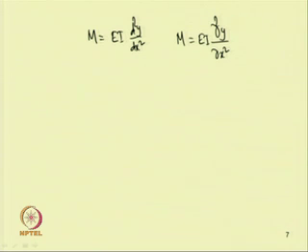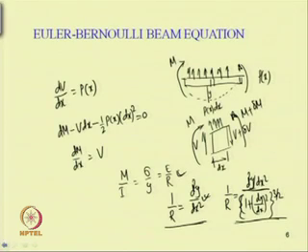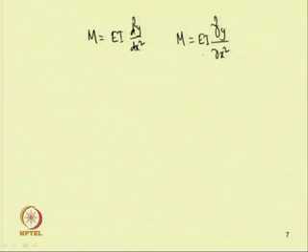Now differentiating M twice, since we know dM/dx equals V and dV/dx equals p(x), one can get the rate of loading: del squared by del x squared of E I del squared y by del x squared equals p(x).